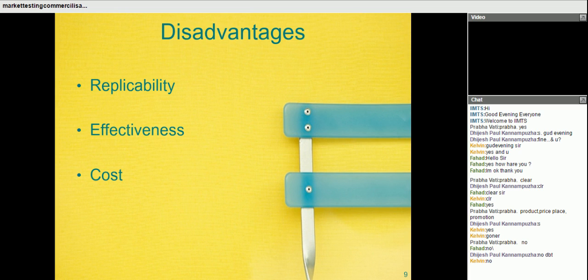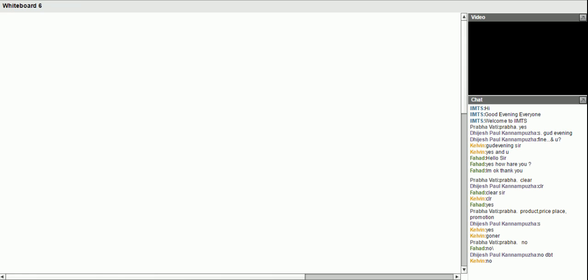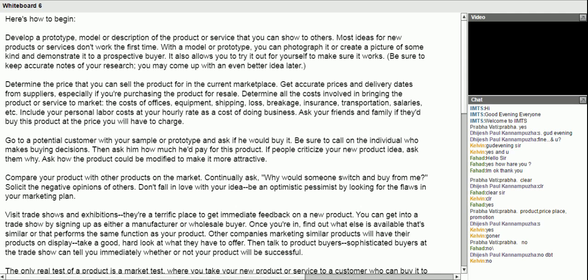Okay. I found one great article right now: how to do market testing? Let's see one sample. I found this. Now here is how to begin.